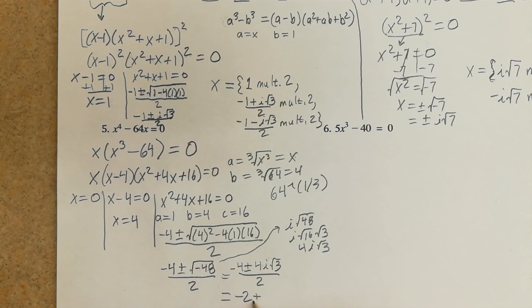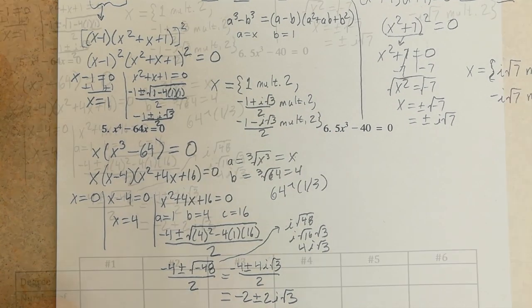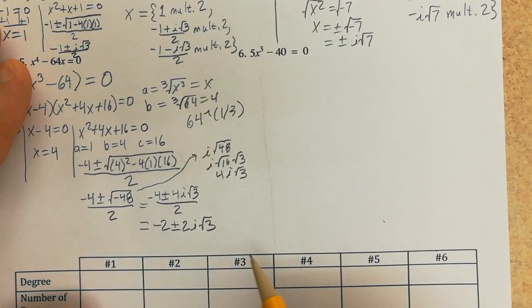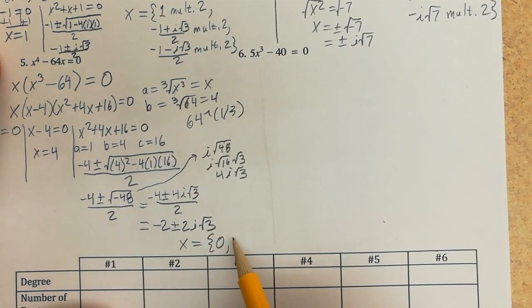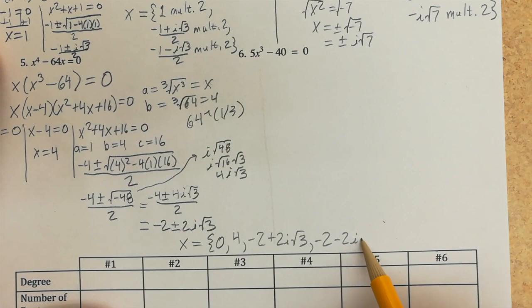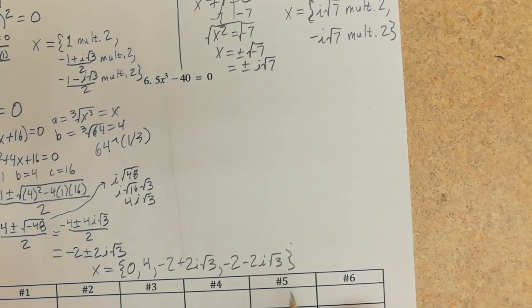You get negative 2 plus or minus 2i times the square root of 3. So our final answer then is x equals 0, 4, negative 2 plus 2i root 3, and negative 2 minus 2i root 3. All right, go ahead and do number 6.